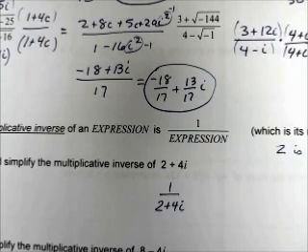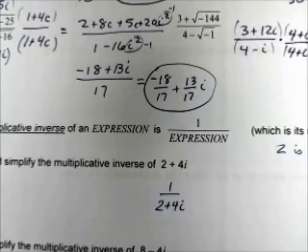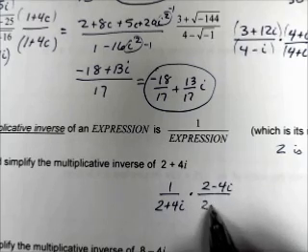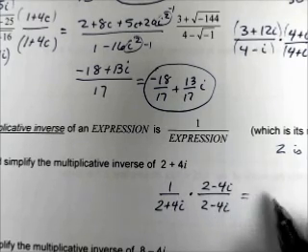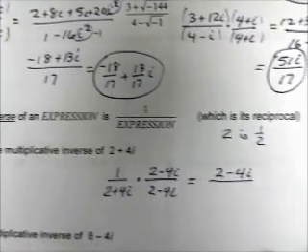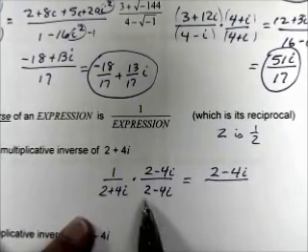And now we need to simplify it because i, remember, is a radical and it cannot remain in a denominator. So we multiply by 2 minus 4i over 2 minus 4i. Ooh, at least our numerator is easy, 2 minus 4i. Denominator, since they're conjugates, product of the first terms, 4.